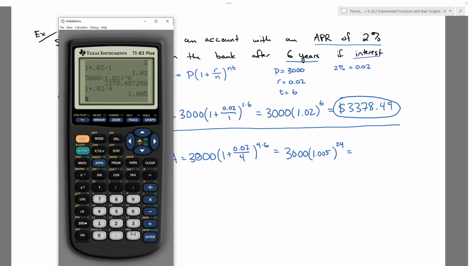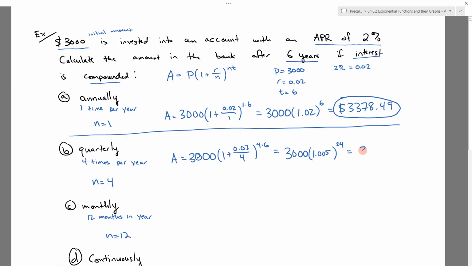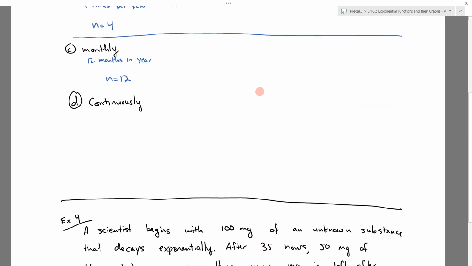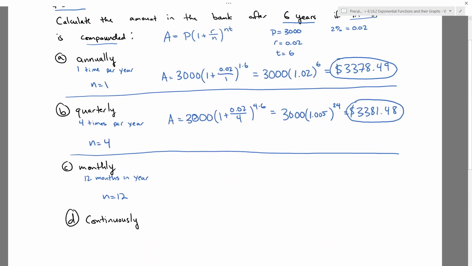Putting it all together, we have 3,000 times 1.005 raised to the 24 power, which is 3381.48. Which again matches.